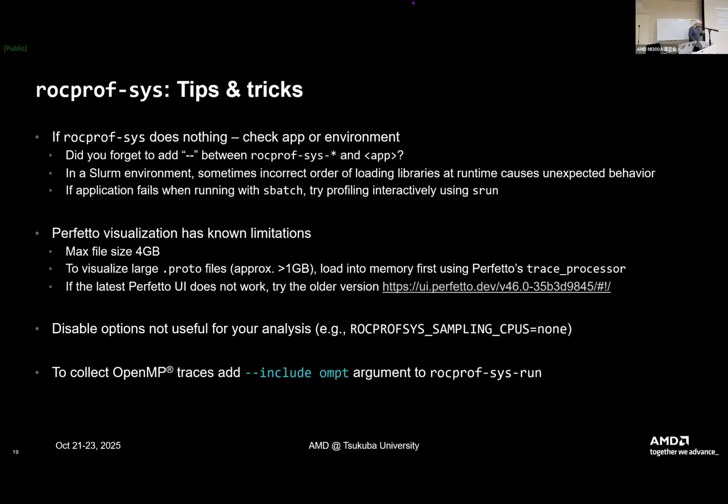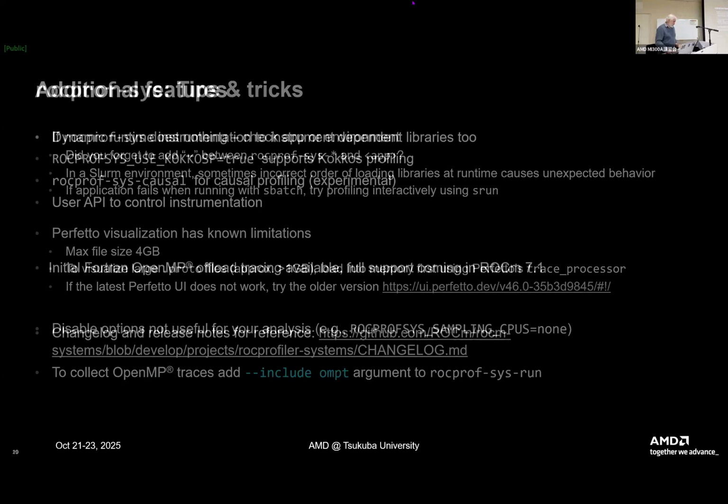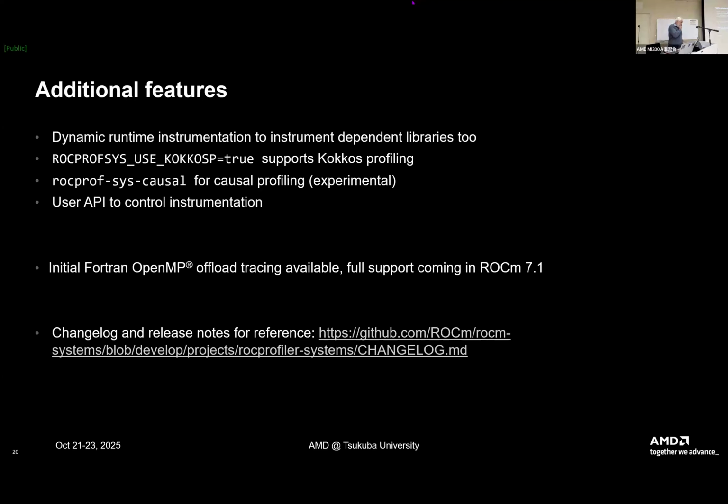OpenMP, we're adding more and more support for OpenMP. I think right now they're working pretty hard to get the Fortran traces with OpenMP into the tool, into the profiler. There's some special support here for Kokkos.